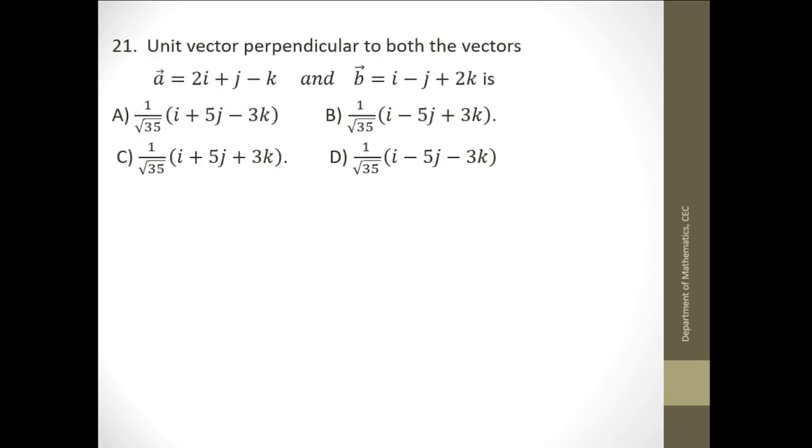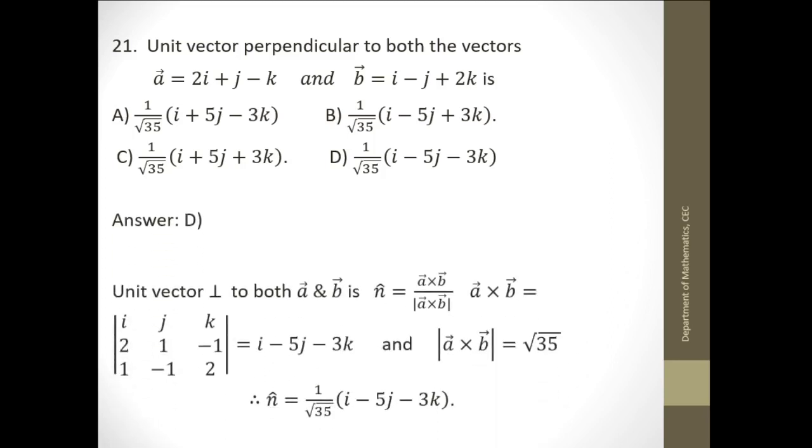Unit vector perpendicular to both of the vectors is nothing but 1 by magnitude of A cross B into A cross B. Therefore, first you find A cross B. So, A cross B is nothing but the determinant i j k, 2 1 minus 1, 1 minus 1 2. So, 2 minus minus 1, 2 minus minus 1 into minus 1, that is plus 1.